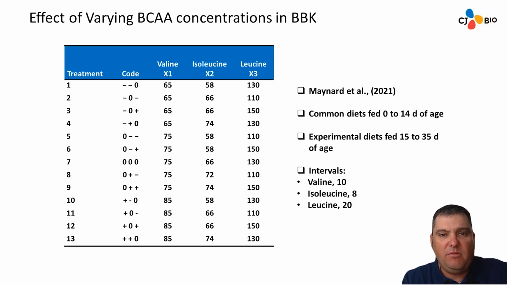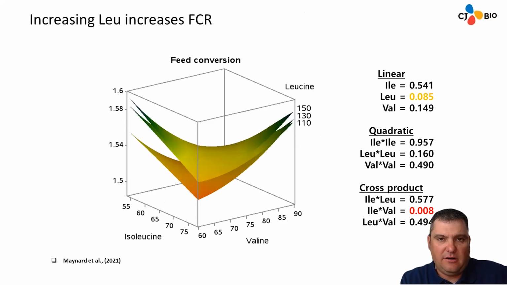And so we evaluated this in a Box-Behnken design. This is our surface plot curve showing feed conversion ratio. So we have isoleucine and valine on our X and Z axes here. The surface curves inside the 3-dimensional plot represent our 3 leucine levels of 110, which is at the requirement, 130, and 150.